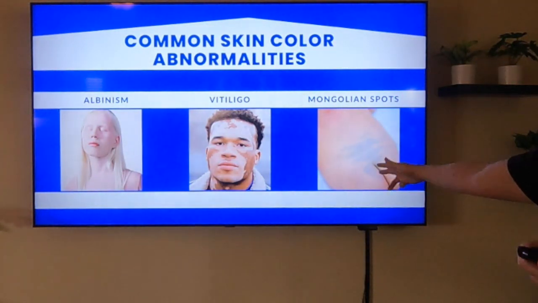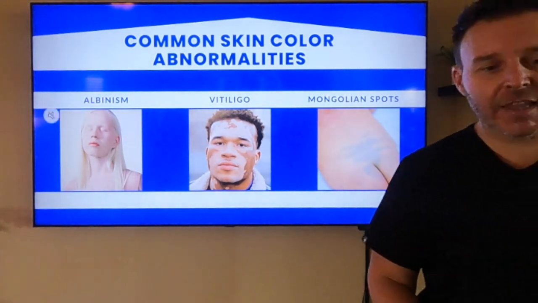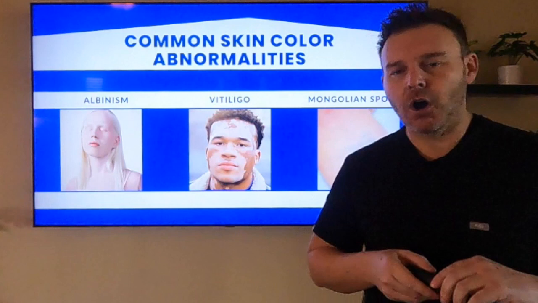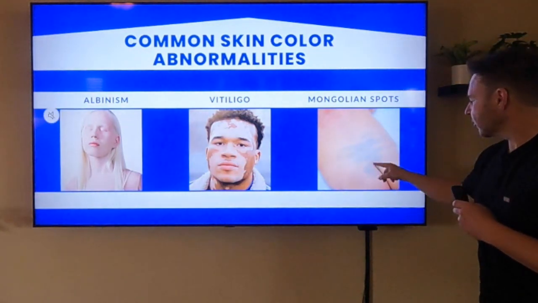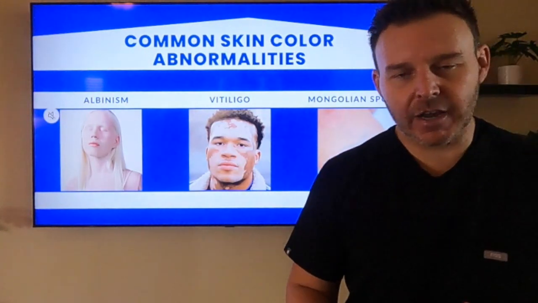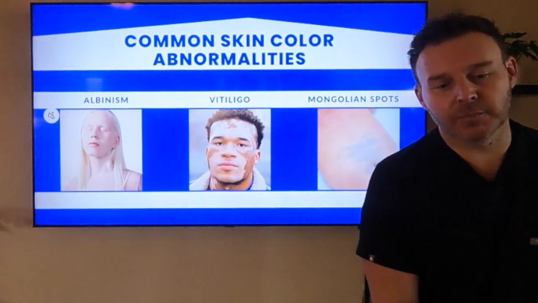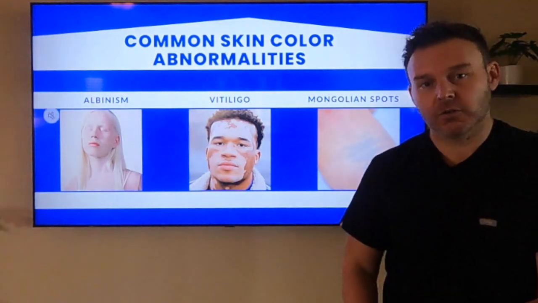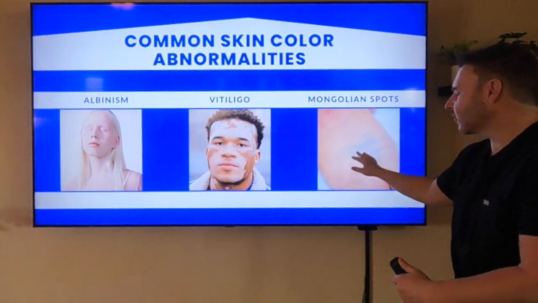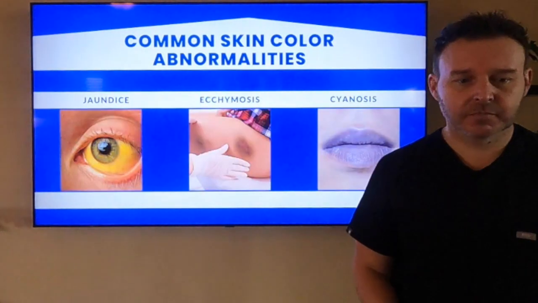The final one over here, Mongolian spots. I'm not quite sure if it's coming through on the camera, but Mongolian spots are purplish spots, usually on the back side of the torso area, and they're usually on babies right after they're born, and so we call those Mongolian spots. Again, it's a bluish color, looking kind of like a bruise, but right after they are born.